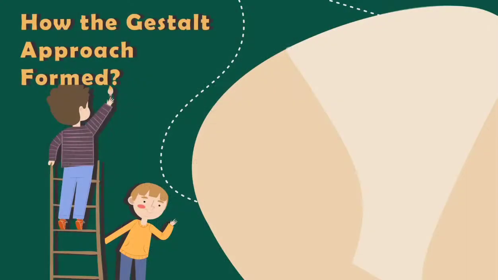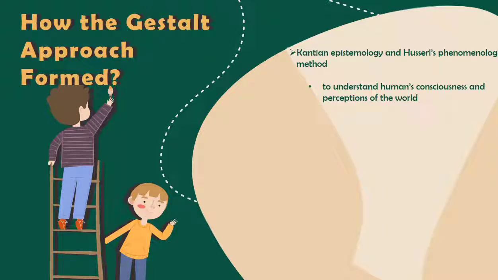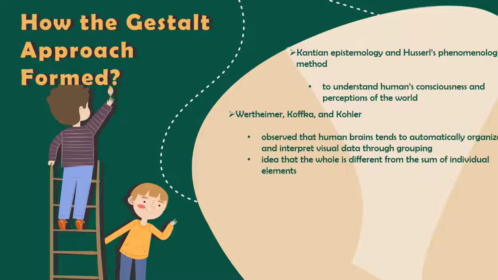So, how was the Gestalt approach formed? There are two main philosophical influences on Gestalt: Kantian epistemology and Husserl's phenomenological method. Both Kant and Husserl sought to understand human consciousness and perceptions of the world. They argued that those mental processes are not entirely mediated by rational thought.